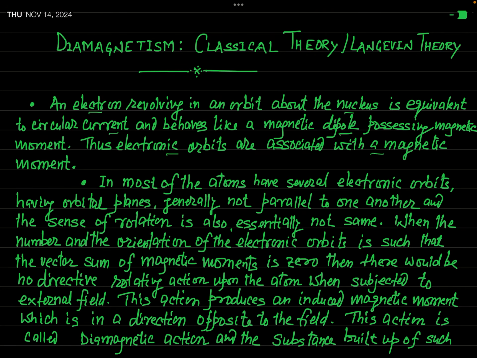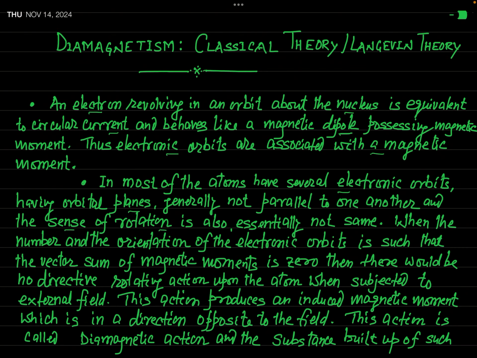In most atoms there are several electronic orbits having different orbital planes, and these planes in general are not parallel to one another, and the senses of rotation of the electrons are also not essentially the same.